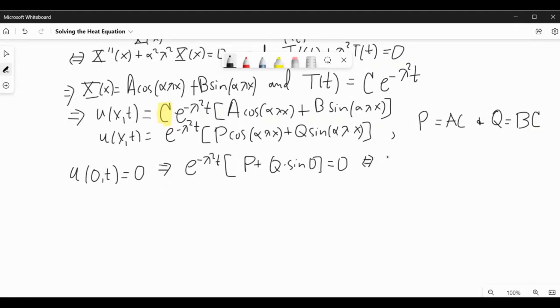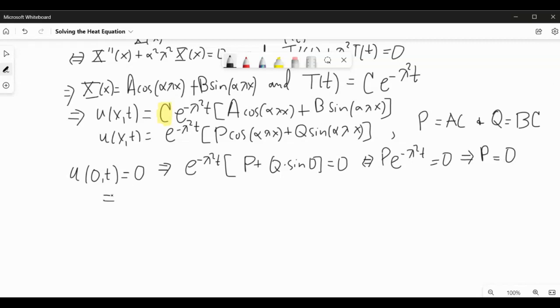This is equivalent to p times e to the negative lambda squared t equal to 0, from which, because we know that e to the negative lambda squared t is always positive for all values of t, this will imply that p is equal to 0.